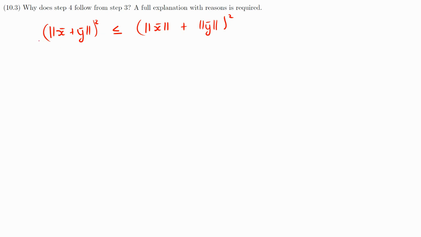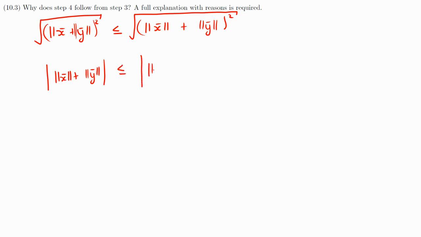Now if we square root this, we can actually use the properties of absolute signs, like saying the absolute value of this plus this will be less or equal to the absolute value of this plus this.